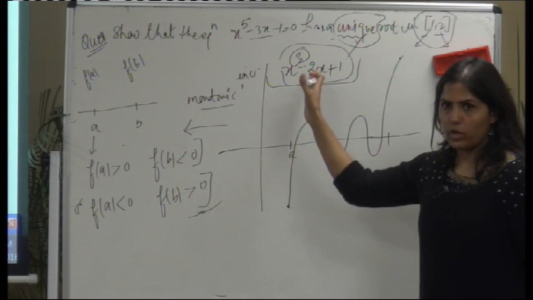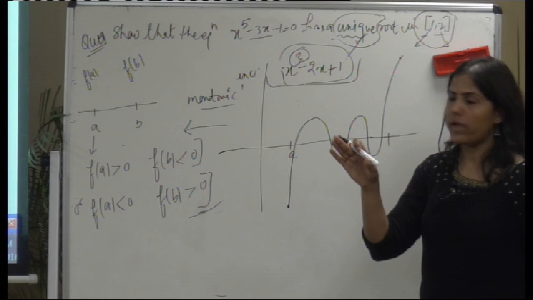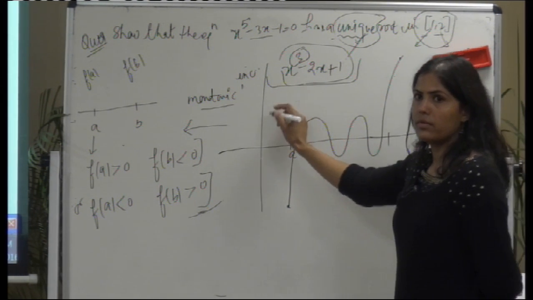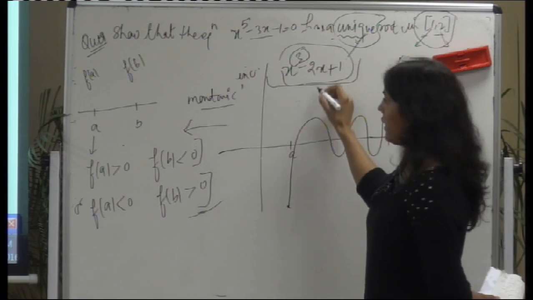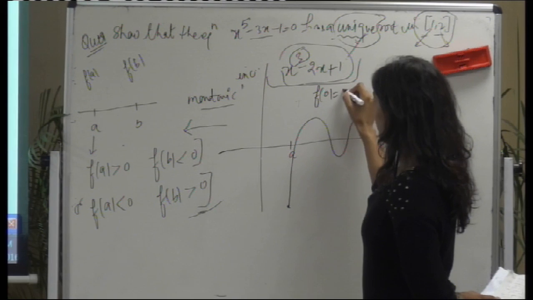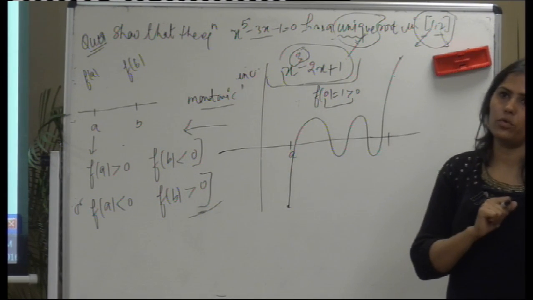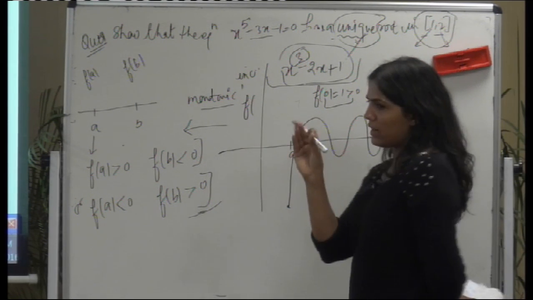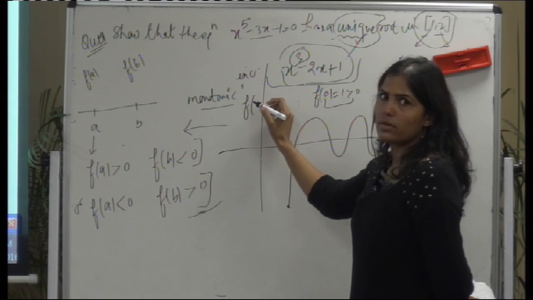Take any two values where the function changes sign. Where will it be negative? Any value where it is negative? You can easily give me. At 0 it is positive. f(0) is 1, positive. So I got a positive value. Now give me a negative value. Make it a little smaller. Minus 2. What about minus 1?